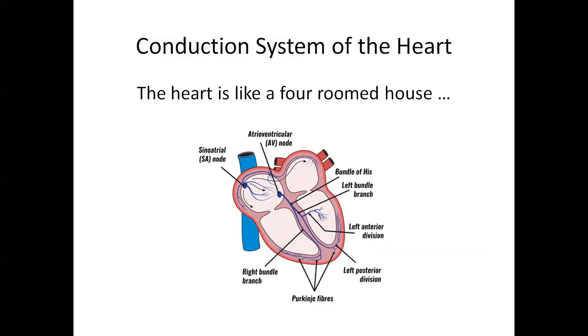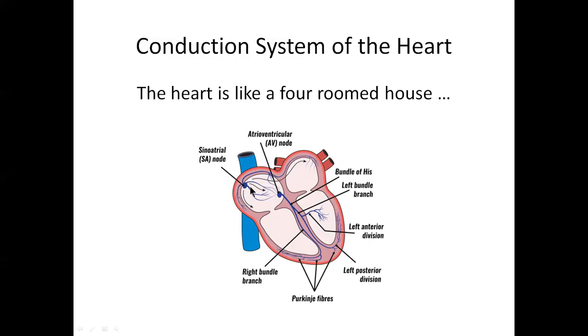Next, let's look at the conduction system. As you know, the heart is like a four-roomed house. This is the right atrium, left atrium, right ventricle, and left ventricle. The SA node is found in the right atrium, and that's where the heartbeat originates.